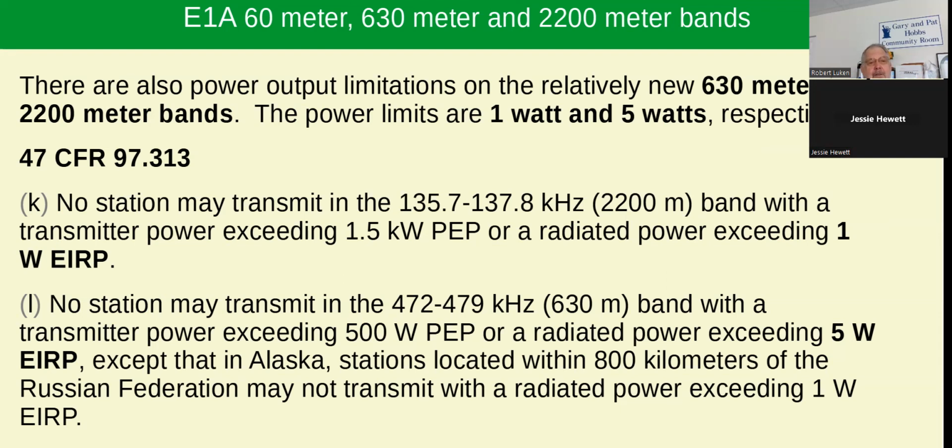And the one thing in the FCC regulations, you can have 1.5 kilowatts PEP, but you can only have 1 watt effective isotropic radiated power.